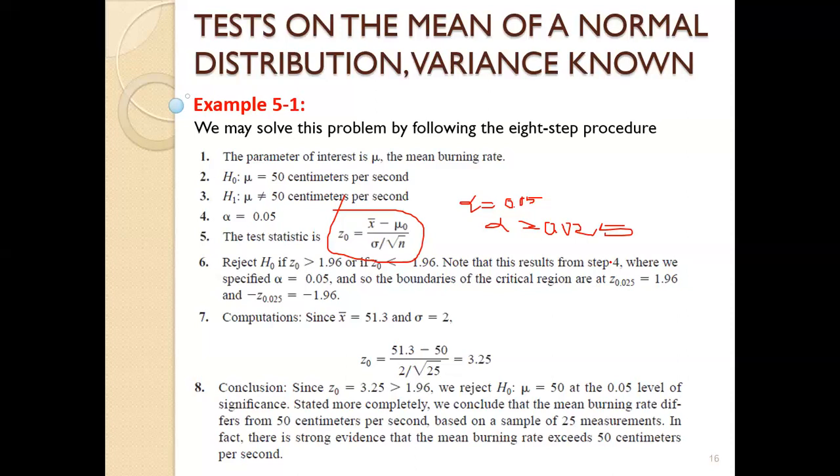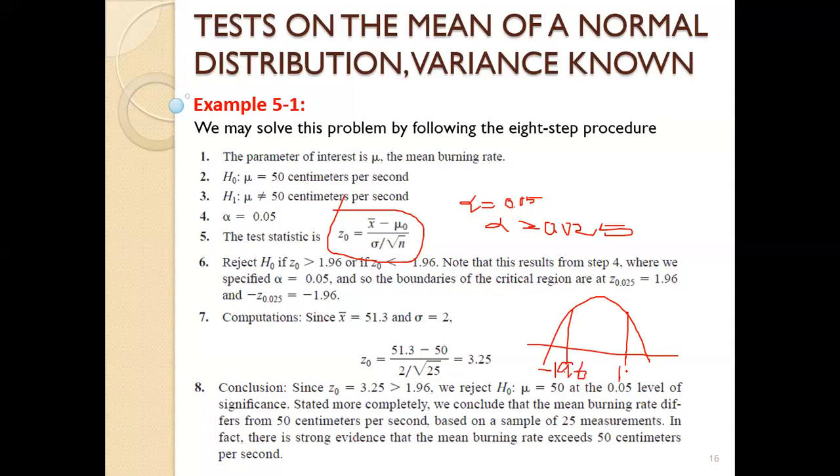You use this a lot. It's the same number. You open from the table or from Excel, you get Z equal to 1.96 and minus Z equal to minus 1.96. That means the reject region should be beyond minus 1.96.